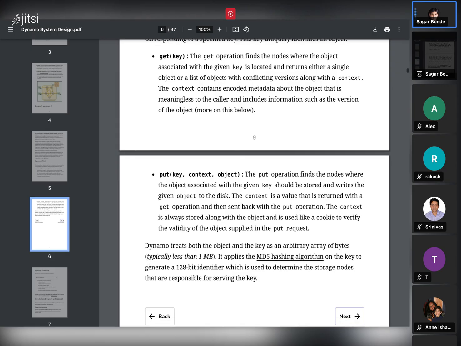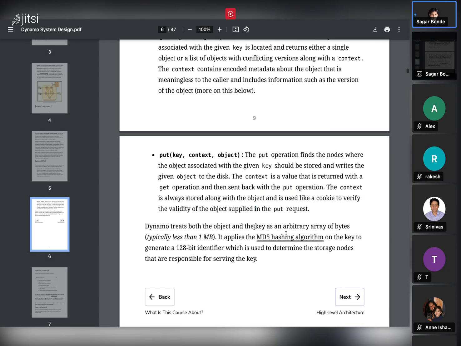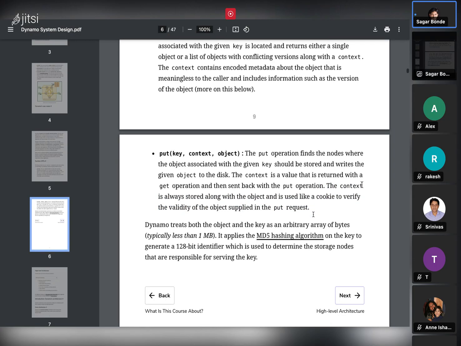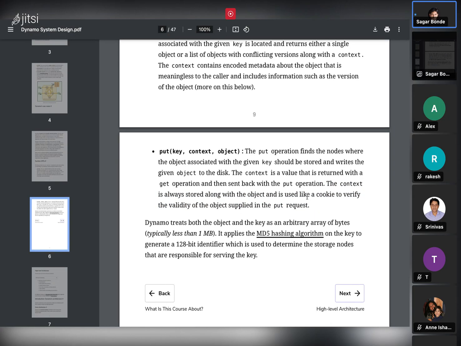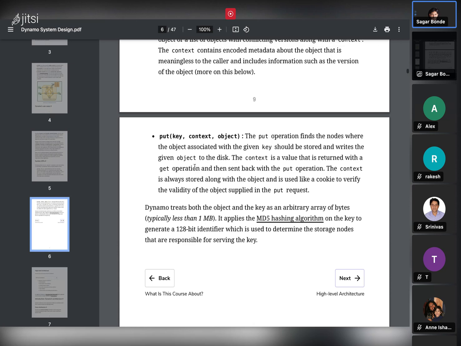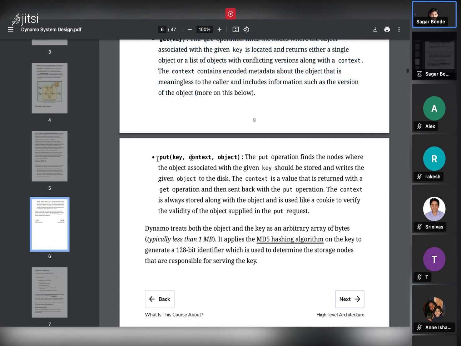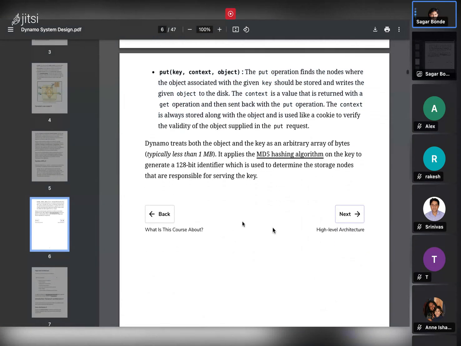When we pass input, we also pass the context, and it is returned with the get operation, and then sent back through the put operation. So far we don't have the answer to what the context actually refers to, whether it will help us search the record or not. That's where we discussed and stopped yesterday.